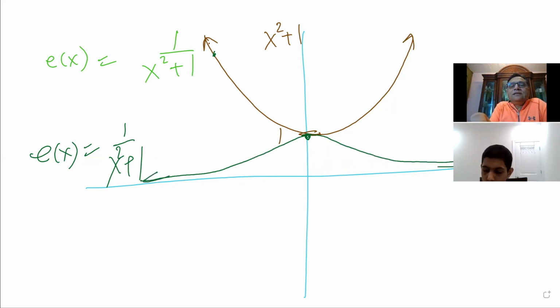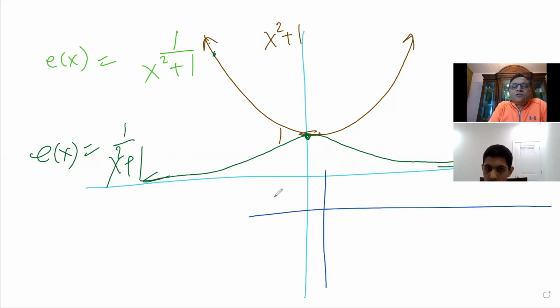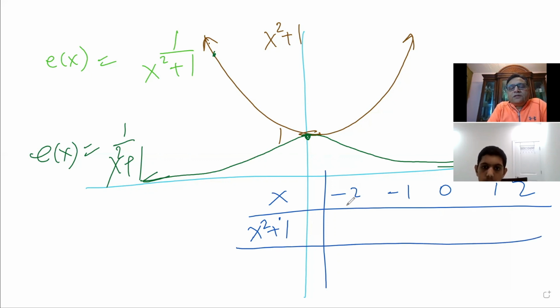And you can easily see why. Let me just show you. We'll take some values of x, let us say minus 2, minus 1, 0, 1, and 2. First we write x squared plus 1. 2 squared is 4, 4 plus 1 is 5. 1 squared is 1, 1 plus 1 is 2. 0 gives 1.